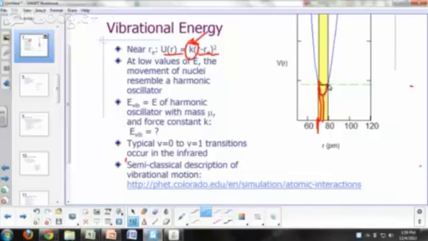Then they'll move apart, speed up again, slow down, and stop when they get to this point right here. So the potential energy is dropping, speeding up, potential energy is increasing, slowing down, stop, and then it's just going to keep turning back and forth, back and forth. You have a harmonic oscillator.